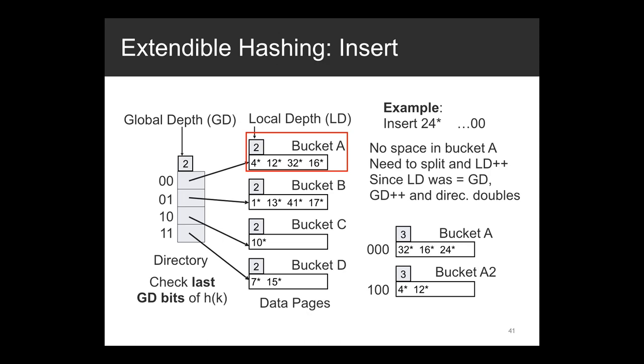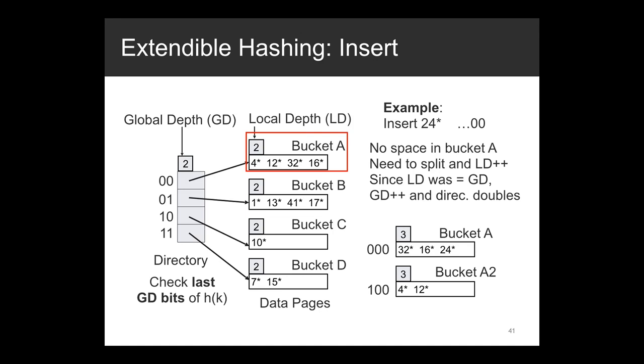That is not going to change. It's only the third least significant bit that is different: 0 for the new bucket A, and 1 for the bucket A2. That means the entries in this new bucket are going to be 0 mod 8. The entries here are going to be 4 mod 8.